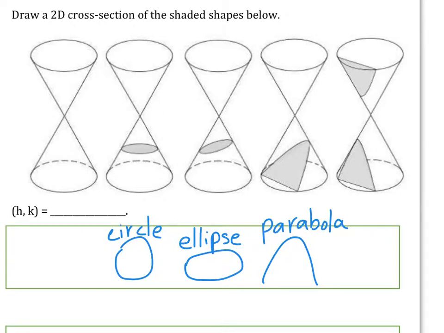Last one. This is a double cone. I slice off one edge and then I look at it. So it's going to look like this, right? And again, what I'm going to do is not cover it off. So it's going to continue going on forever. What kind of shape is this one?